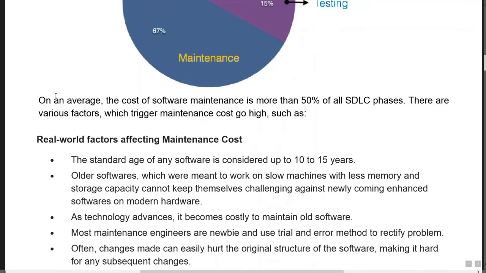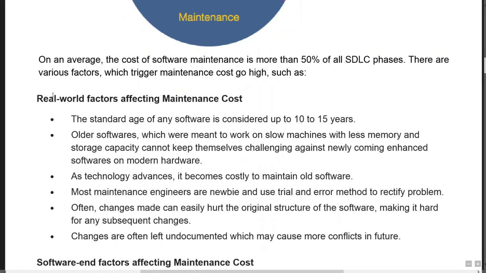So real world factors affecting maintenance cost. The standard age of any software is considered up to 10 to 15 years. Older software which were meant to work on the slow machines with less memory on storage capacity cannot keep themselves challenging against newly coming enhanced softwares on modern hardware.